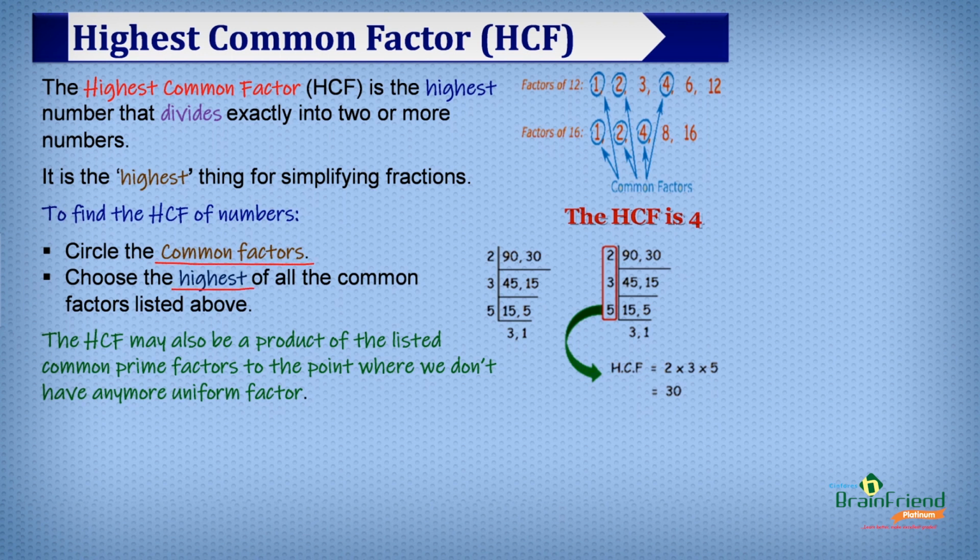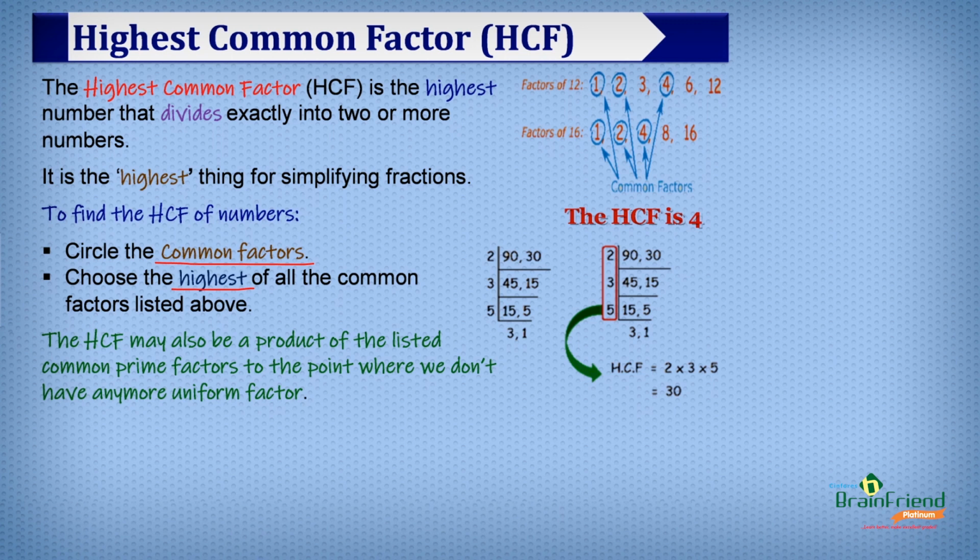Next, we choose the highest of the common factors that we have identified. Alternatively, we can find HCF by taking the product of the listed common prime factors, especially when we get to the point where we can no longer divide several numbers.